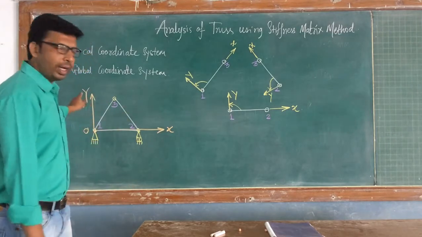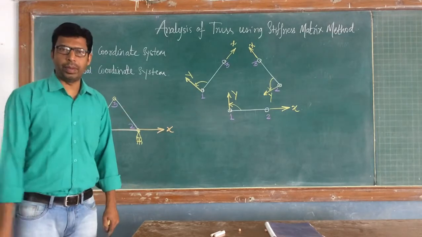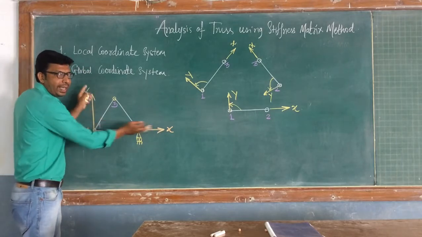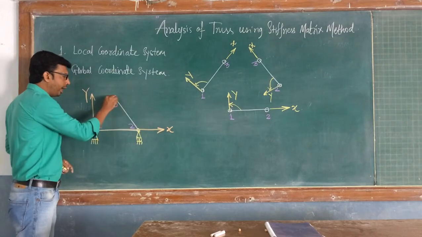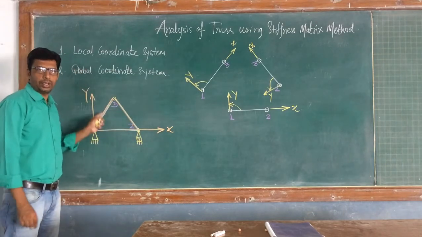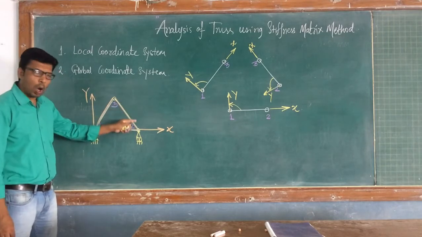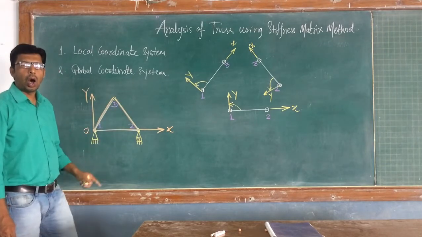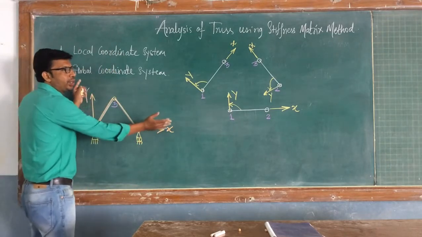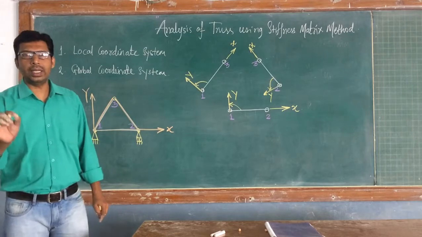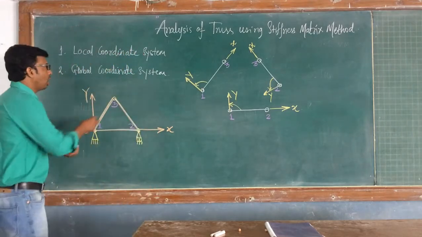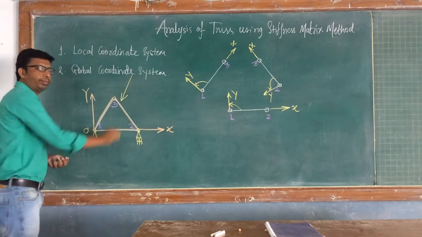Now this xy coordinate system is the same for all three members. With respect to this origin and this xy axis, we have to analyze the three members of the truss. So for the whole truss structure, a common coordinate system is assumed, that is horizontal x and vertical y. So it is called the global coordinate system.